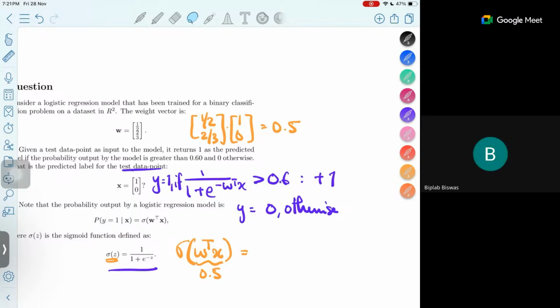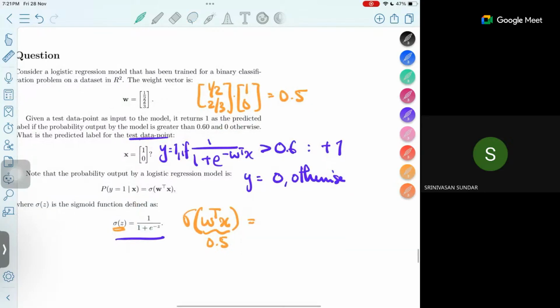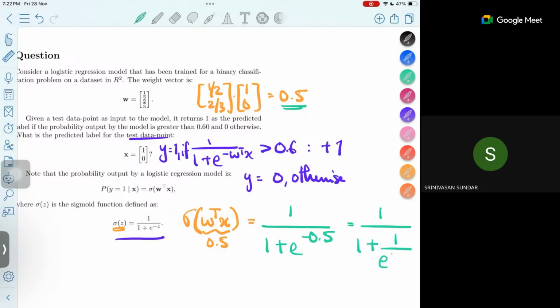All right, so coming back, this is W transpose X, which here is 0.5. So it's 1 divided by 1 plus e power minus 0.5, which is 1 divided by 1 plus 1 by e power 0.5.